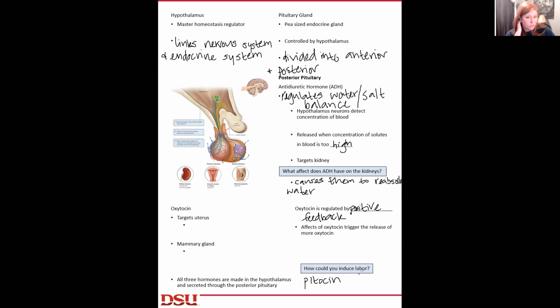I've heard that labor that's induced with Pitocin can be a lot more intense, like the contractions can be more painful, mostly just because the body isn't producing that hormone naturally. It's being forced into producing it, and so the body hasn't really hit the stage of readiness to allow those contractions to happen.